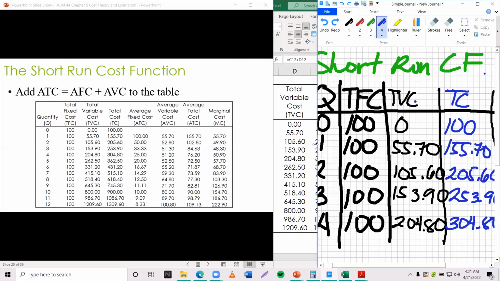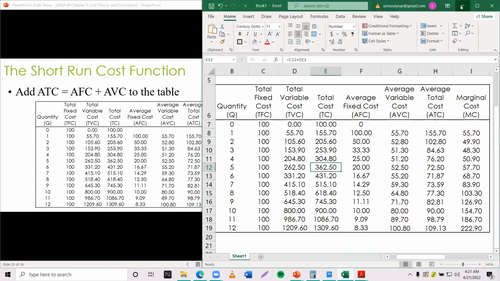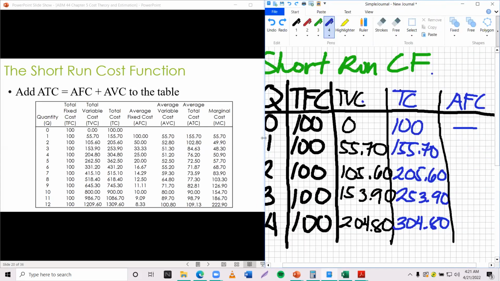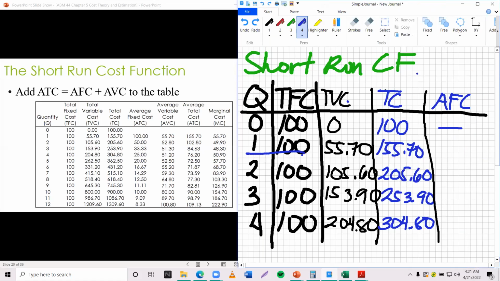Next would be 100 divided by 1, so this is automatically 100. 100 divided by 2 is 50. 100 divided by 3 is 33.33.